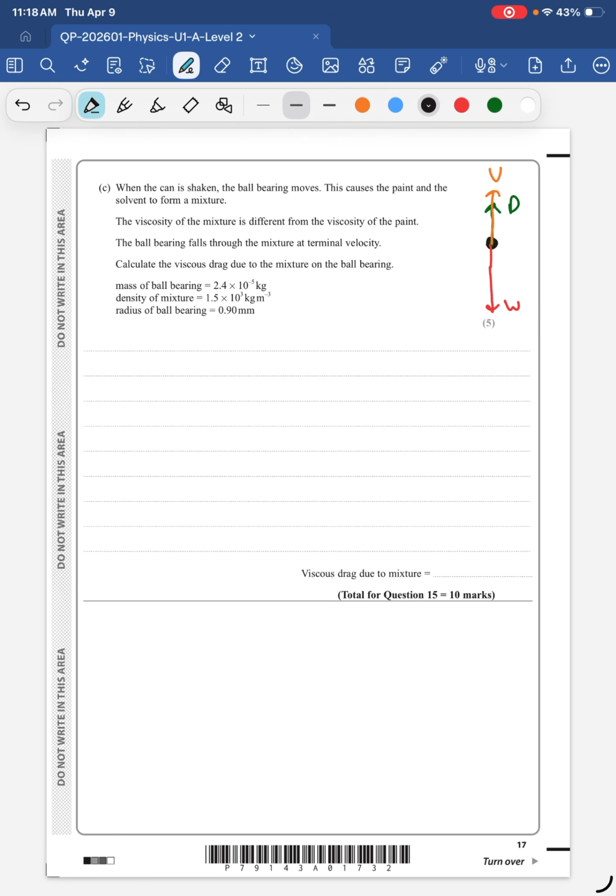So in general, because the ball moves down, we take the positive direction to be down. The weight minus drag minus the upthrust will be ma, but the acceleration is 0 when we reach terminal velocity. So basically we have the drag is equal to the weight minus the upthrust.